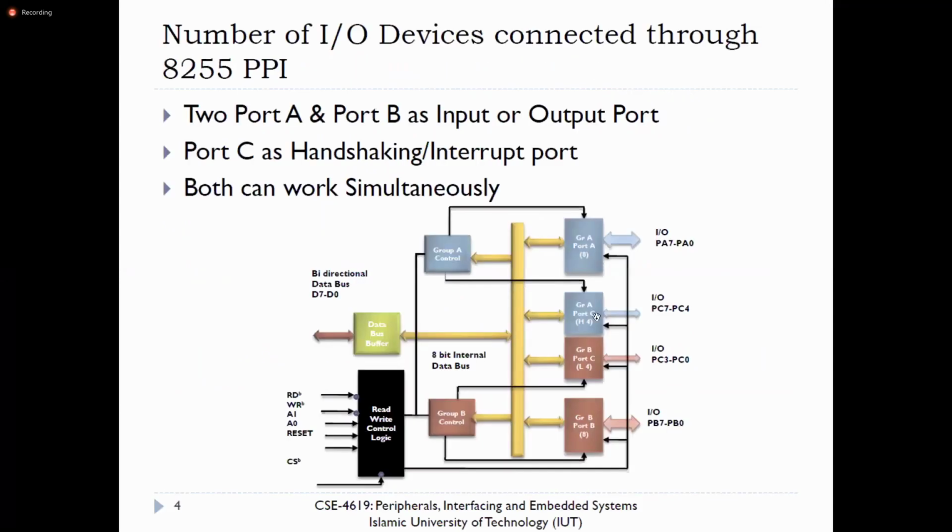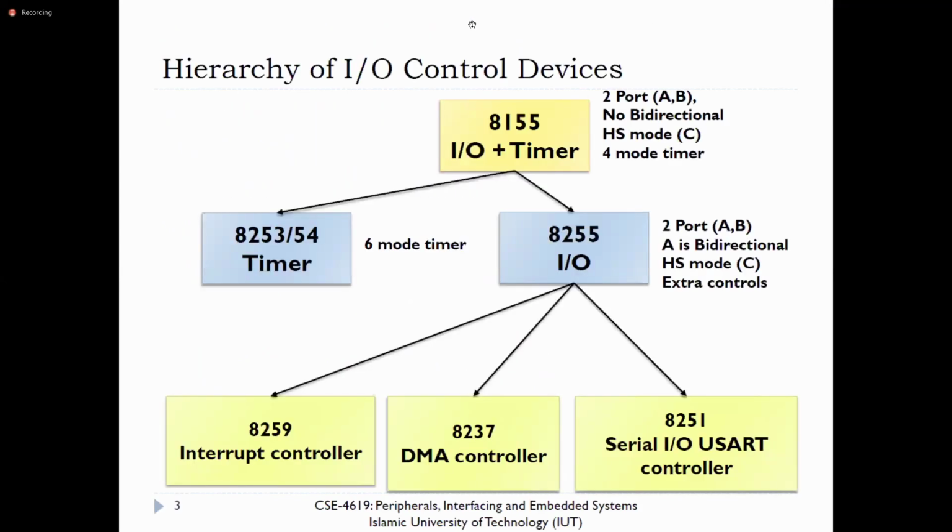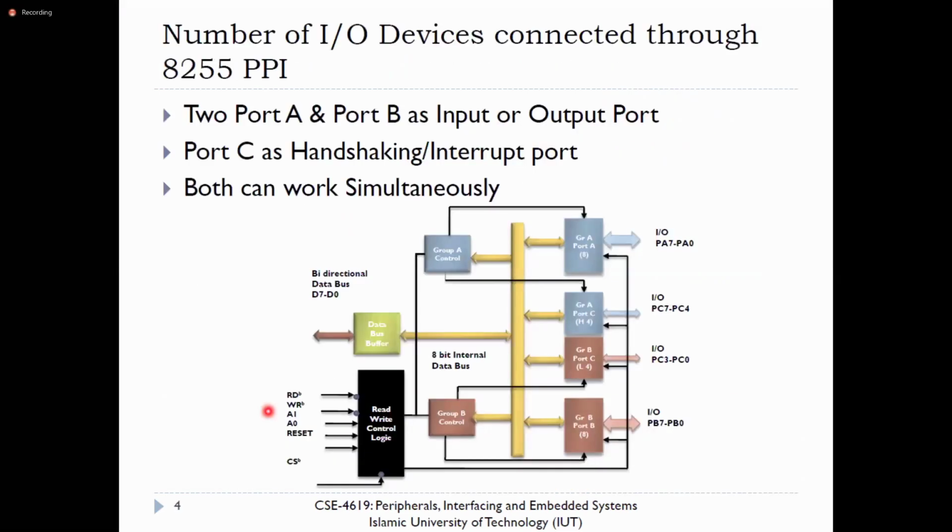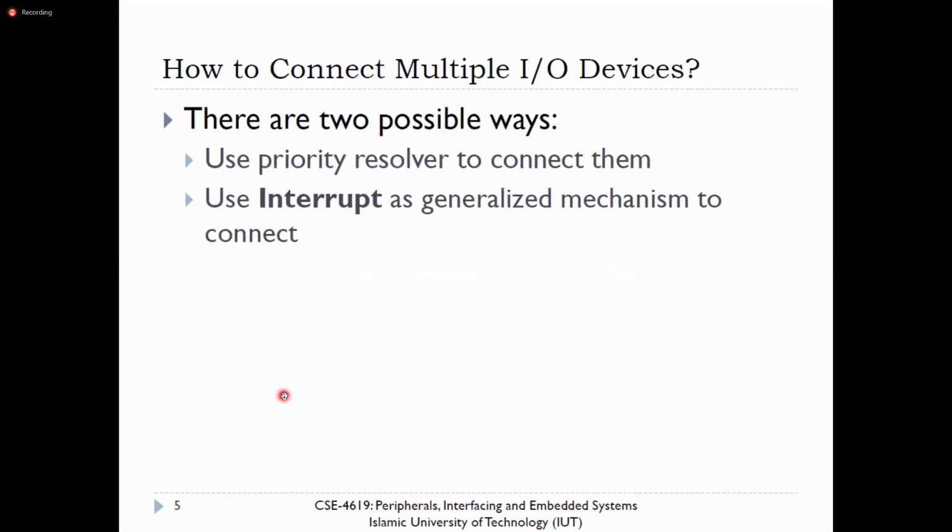We are talking about the 8259 interrupt controller, and already you got the idea that to handle the interrupt related things with the microprocessor, one specific type of integrated circuit assists the microprocessor to handle all sorts of interrupt related things. The most important interrupt related issue is priority resolving.